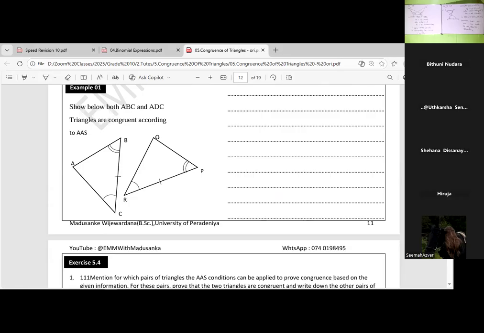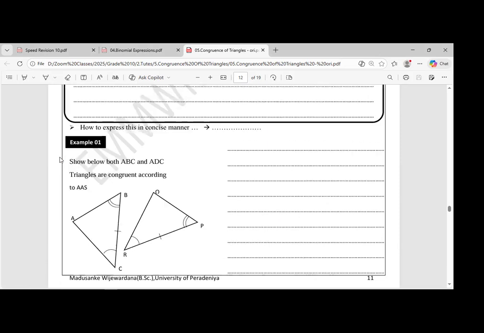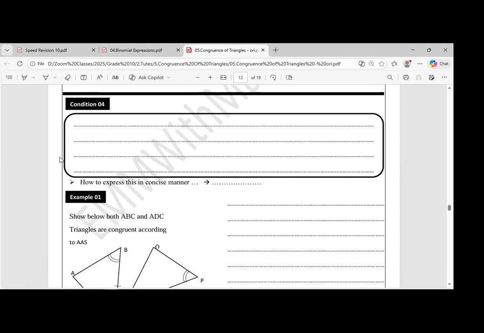Rack your brains at home, right? Then you might understand what this is. The fourth question I mentioned in the speed revision is a homework in your binomial expression lesson. If you go through the binomial expression lesson, you will get that.